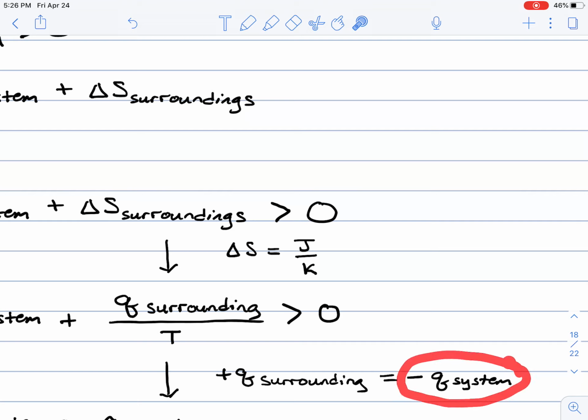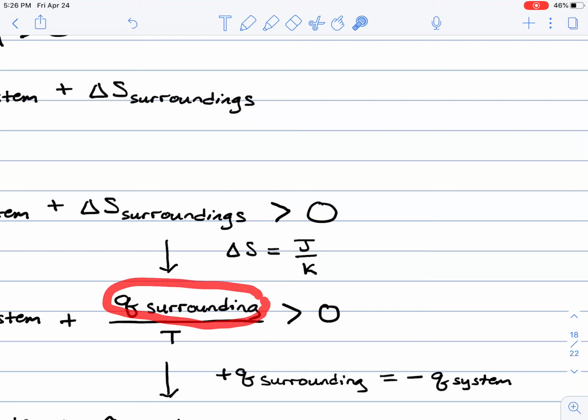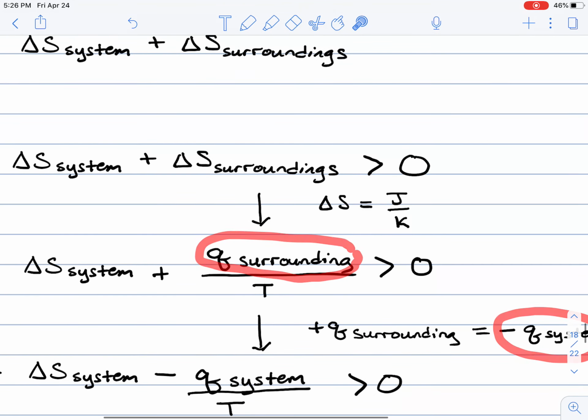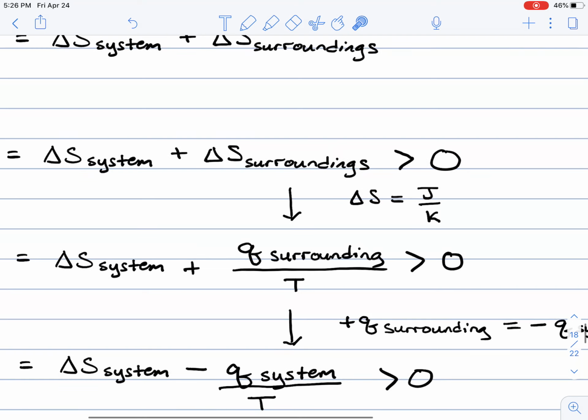Now that heat needs to go somewhere, so the surroundings gain that heat. And since they're proportional or equal to each other, what we're going to do is replace this term with that of the system. And in doing so, we get this expression.